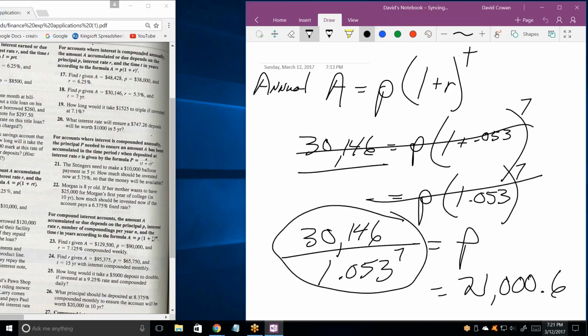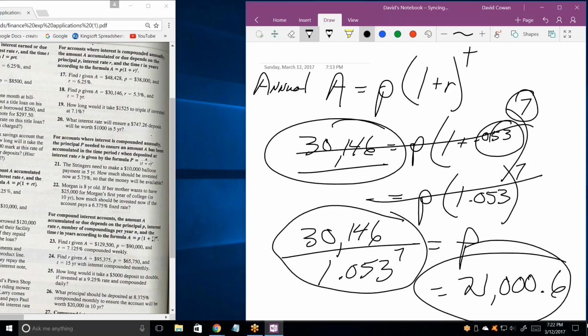And then at the end of the second year, it might be worth 117. Now you're getting 8% on 117. So compounding interest is what makes it grow much faster than one would think. If I just multiply 7 times 5.3, that's only a 36% increase. But this clearly is increasing almost 50%.